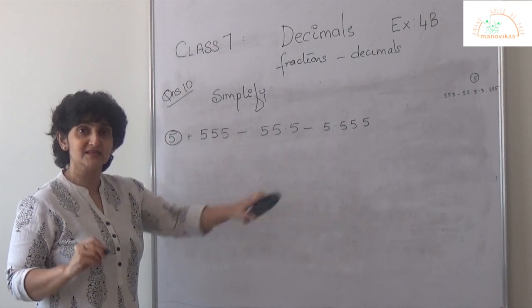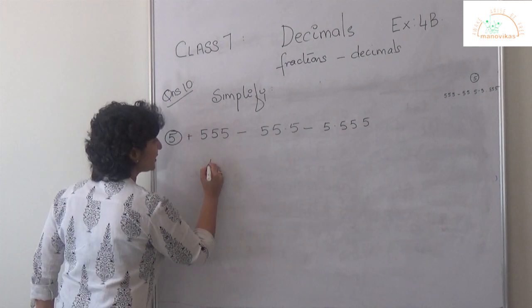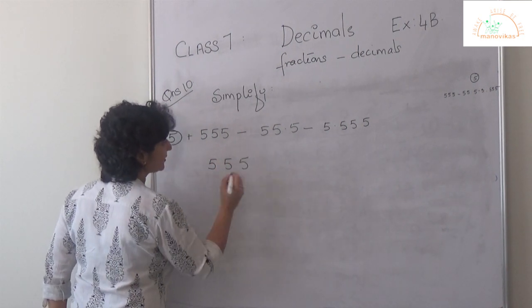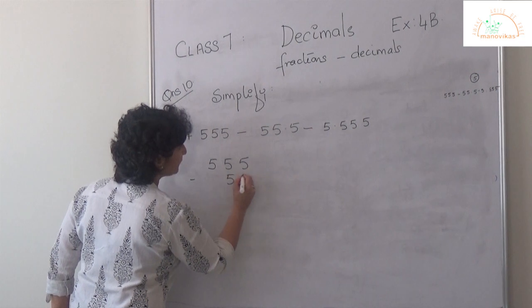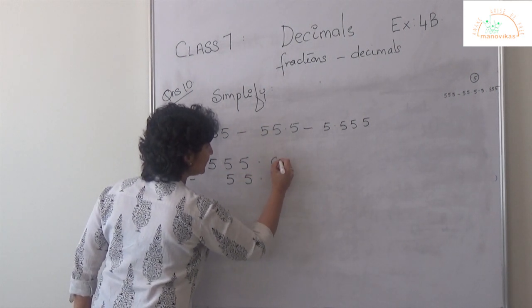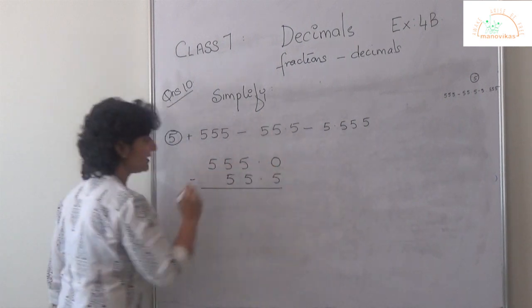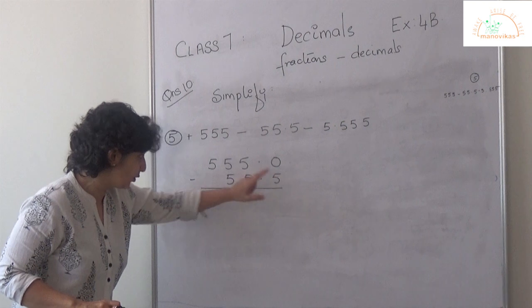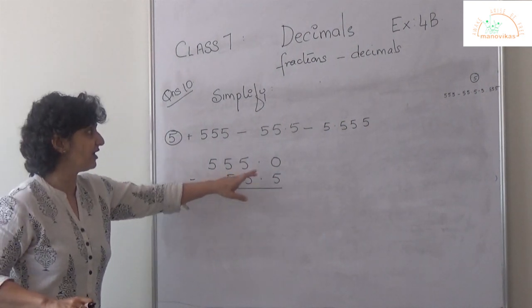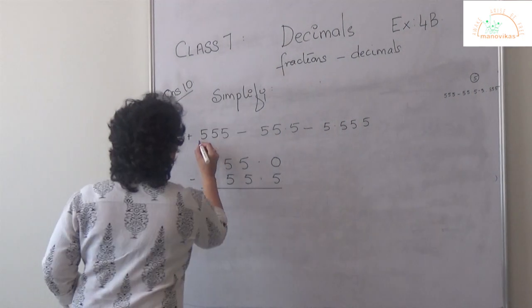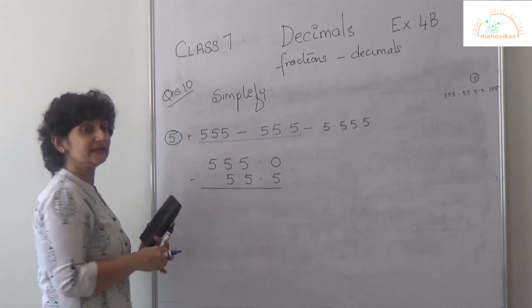Since both are minus, I didn't bother to put it. 555 minus 55.5. So let me put a point here and take that as 0. I'll repeat, 555.0 minus 55.5. We have taken these two numbers.